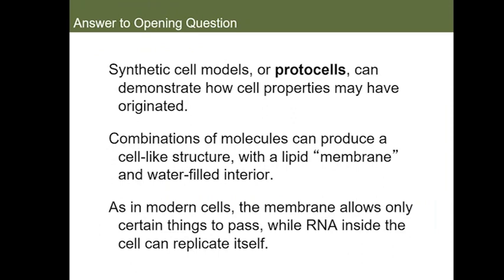So here's the answer to the opening question. Synthetic cell models, or protocells, can demonstrate how cell properties may have originated. Combinations of molecules can produce a cell-like structure with a lipid membrane and water-filled interior. As in modern cells, the membrane allows only certain things to pass, while RNA inside the cell can replicate itself.